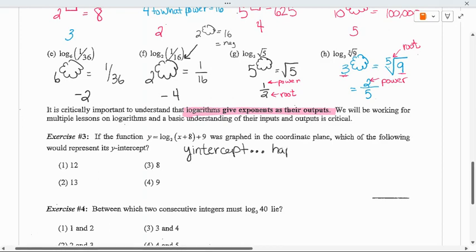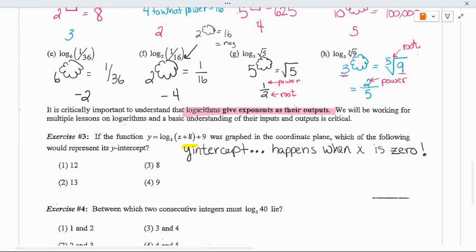Well, I know that the y-intercept happens when x is, say it, 0. That is huge, right? That is a key idea from Math 1. The y-intercept happens when x is 0. So why don't I just look at this crazy equation and let x equal 0?